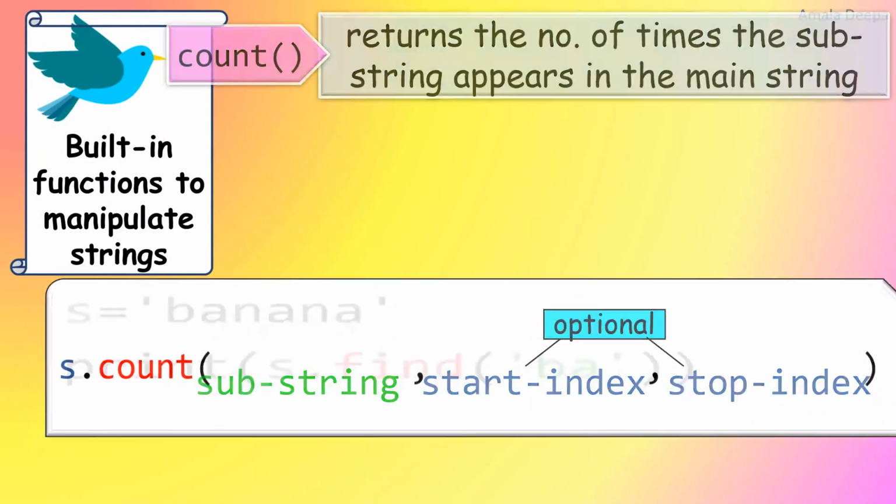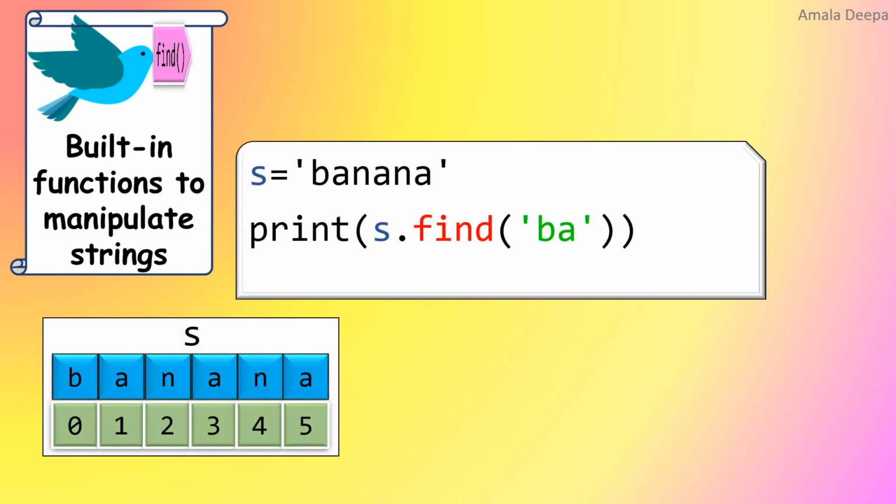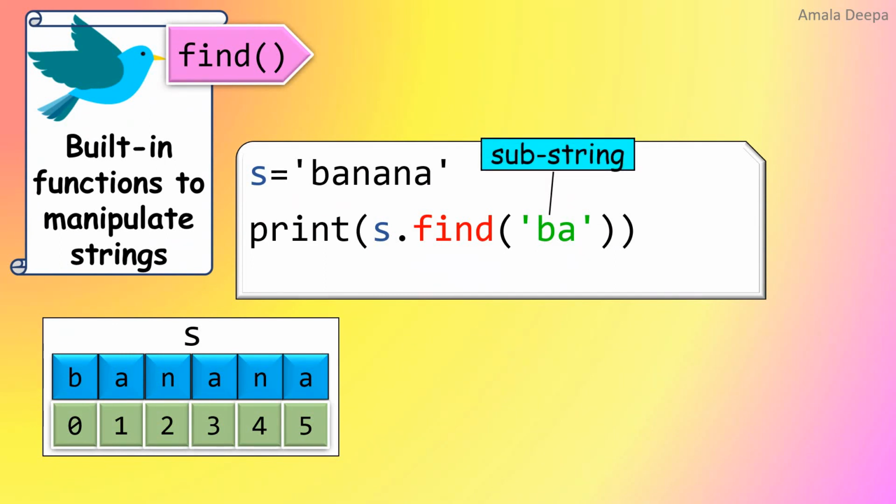Next we will move on to the find function. S is equal to banana. Print s dot find BA. Here BA is the substring which you want to find. Whether BA is present in string, yes. Yes, it is present here. So this find function will return the index of the substring where it is found.